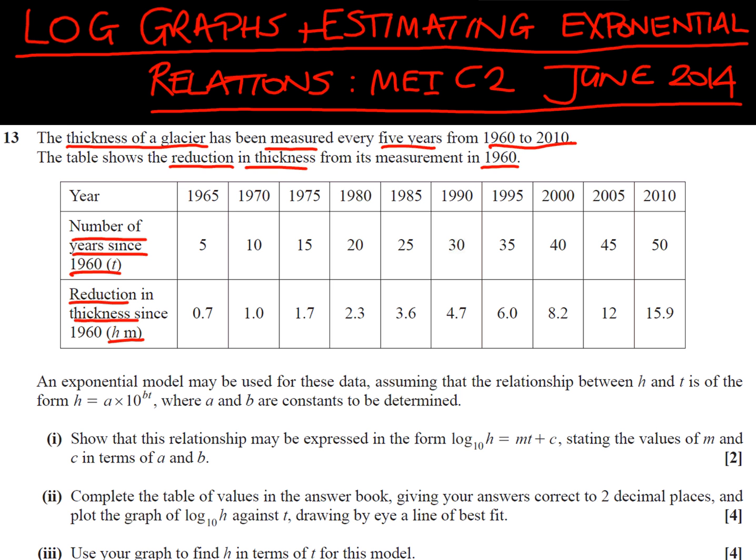But we're going to have to use an exponential in a sec. So what does it say? An exponential model may be used for these data, assuming the relationship between h and t is of the form h equals a times 10 to the power bt, where a and b are constants to be determined.